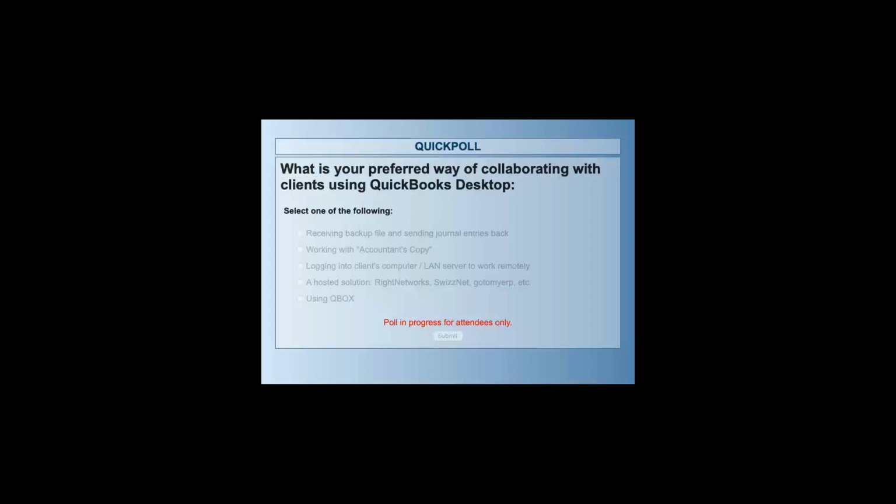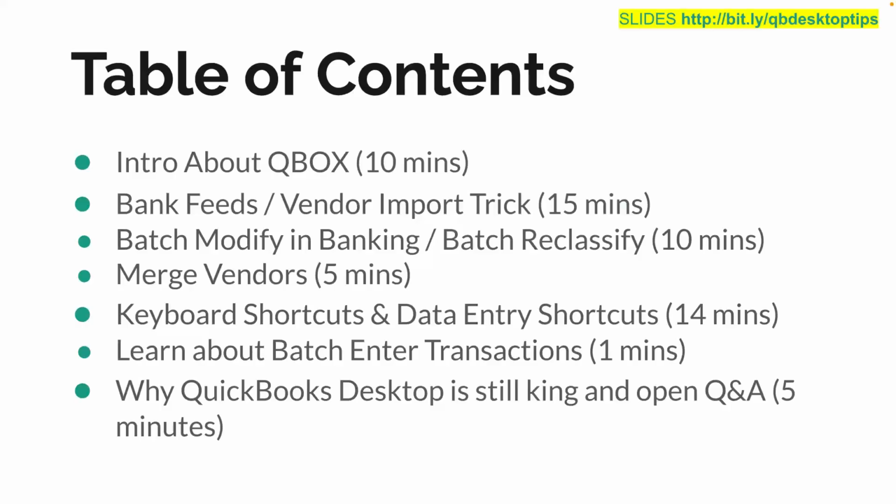As you create more and more rules, then you start teaching the bank feed system to recognize these vendors. Remember, this tip is extremely great for people getting started in banking or doing a whole bunch of months of banking at the same time. It just sets the initial pace of the data entry process.